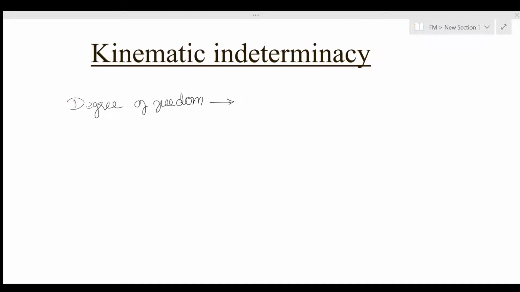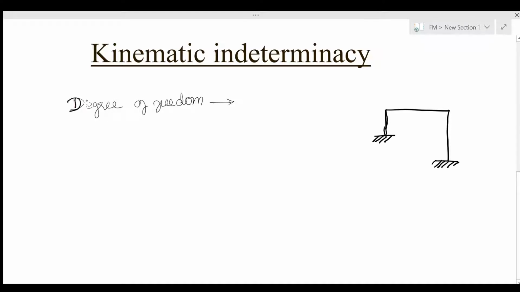When we say independent translation or rotation, that means if a structure has any point that can move independently without causing a displacement or rotation to the other members of the structure, it is known as independent movement or degree of freedom. That is the freedom of that point of the structure.